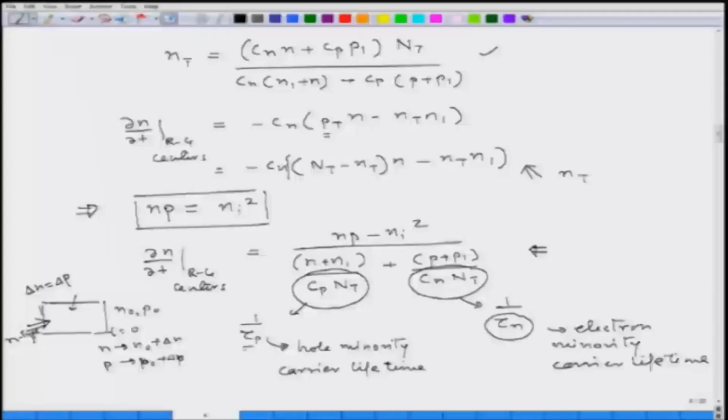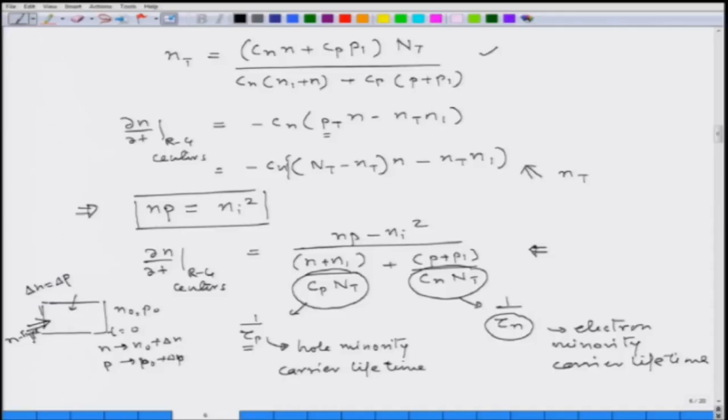So, from the terminologies with which we started to define the R G process, we get a physical meaning for what this term means, and what the capture cross section then signifies for the minority carriers. If you have a minority carrier in a material, then this tau p is the average lifetime that minority carrier is going to survive.